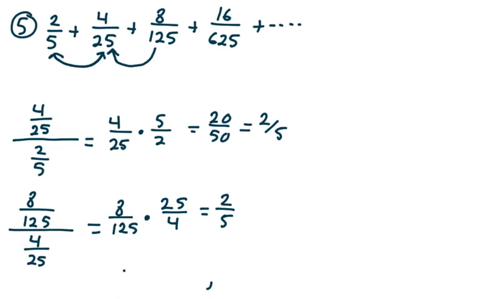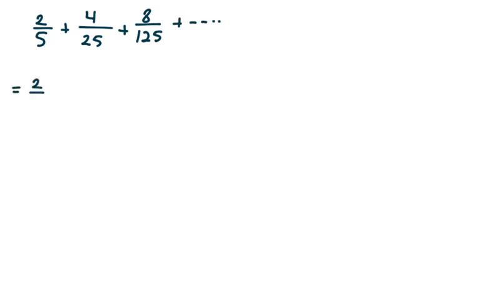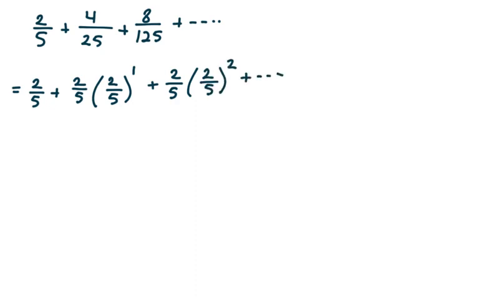That makes sense? So the way I'm thinking about this problem is if I have 2/5 plus 4 over 25 plus 8 over 125, and then I keep going, well, I could write this as 2/5 plus 2/5 times 2/5 to the first plus 2/5 times 2/5 to the second, and then I keep going.